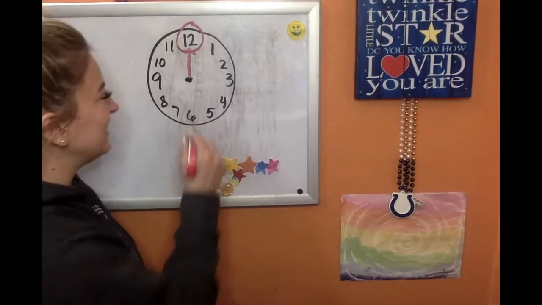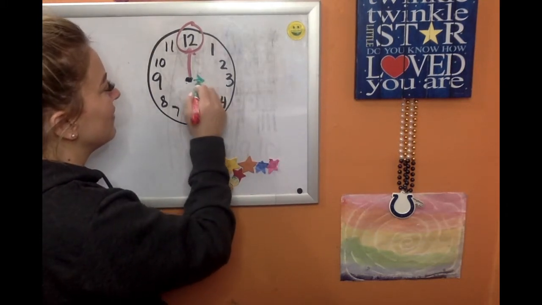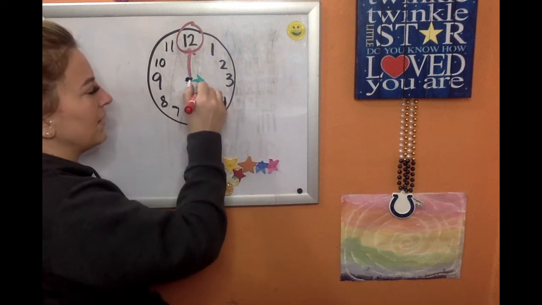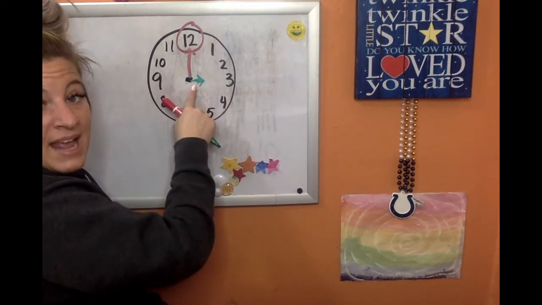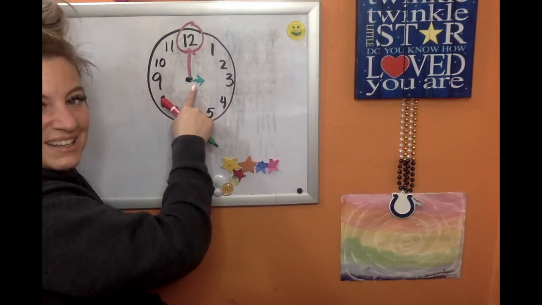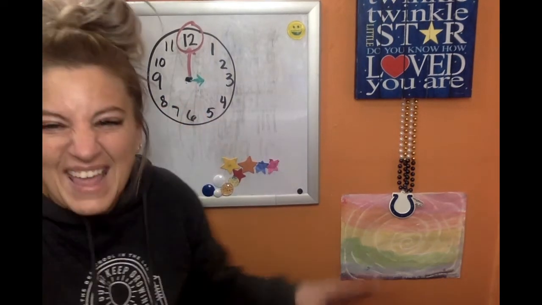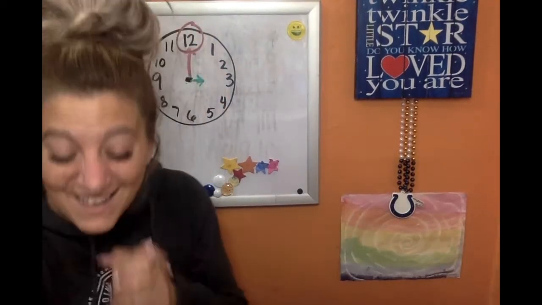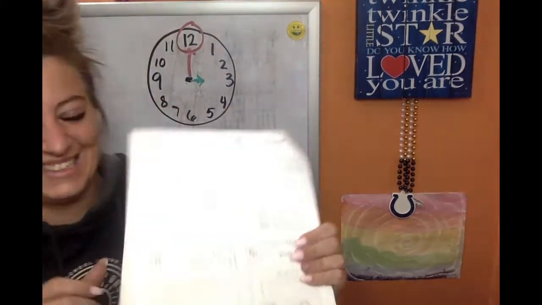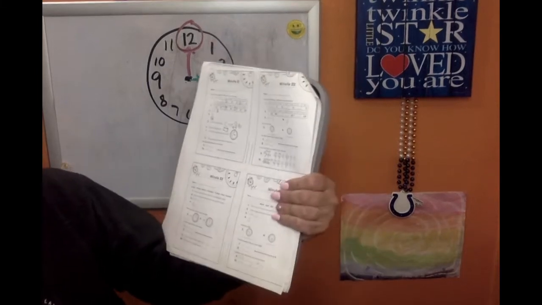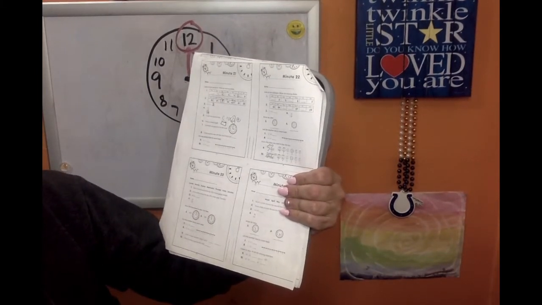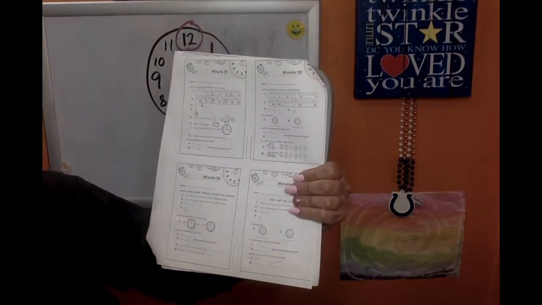Okay, is this a minute hand or an hour hand? Minute hand. Good job. Is this a, whoa, that's a silly hand. Is this a minute hand or an hour hand? Hour hand. Now, are they hands like these hands? No, they're telling time hands. Silly, silly. So look at that clock. It wants you to circle the minute hand on the clock.